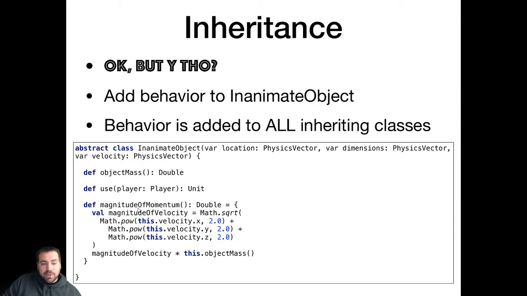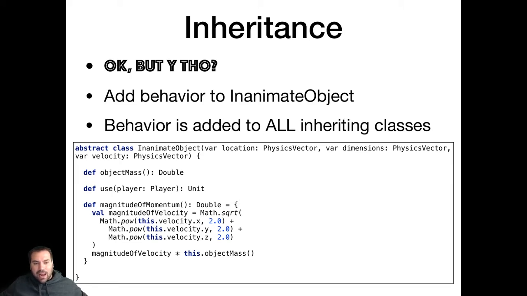So if I want to compute the momentum of inanimate objects, I put this method in the inanimate object class. I use the object mass method that I have a contract that says everything that extends me has to have an object mass method implemented.